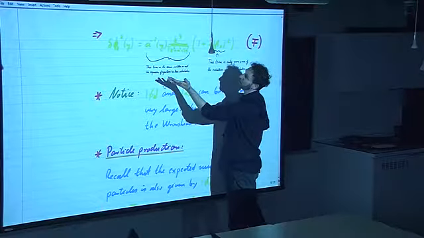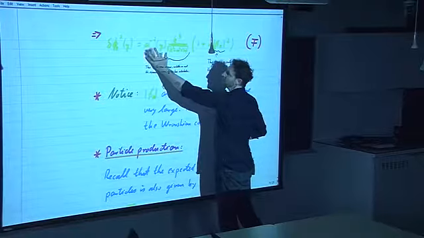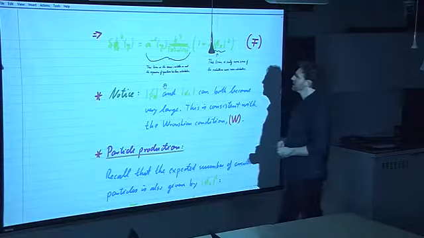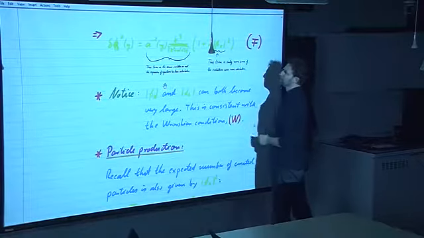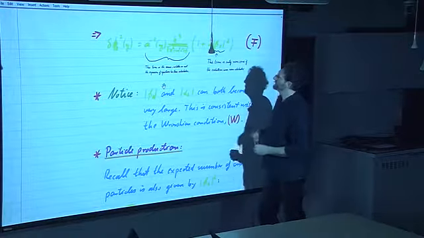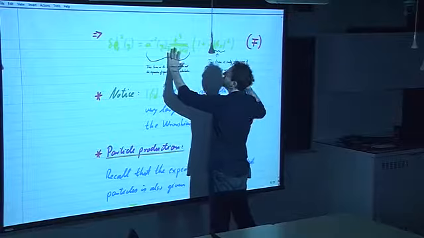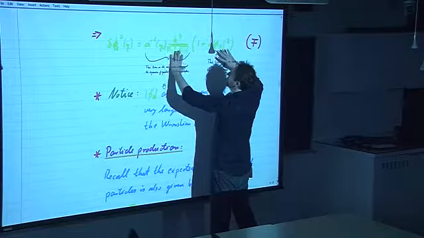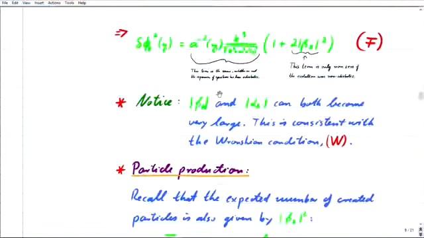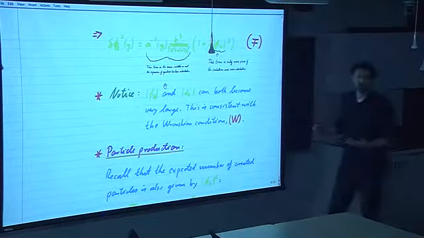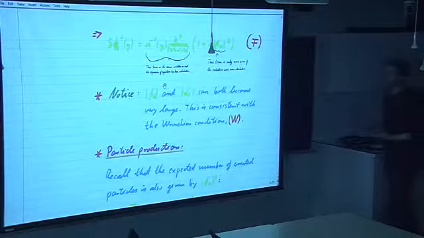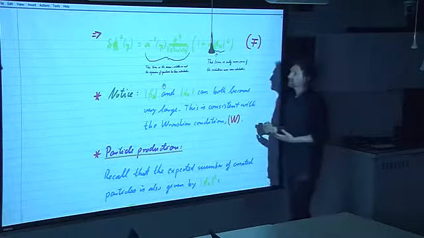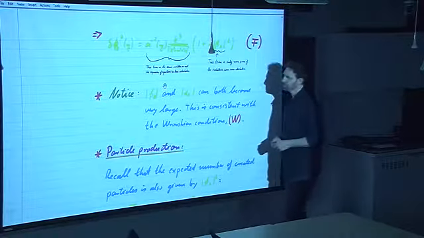But if we were in Minkowski space, that scale factor would be 1 anyway. And then we have here this term with the beta k. So what we see is that the deviations of the spectrum from the Minkowski behavior are proportional to 2 times beta k squared, which is the amount of particle creation that we have. So particle creation will generate quantum fluctuations.